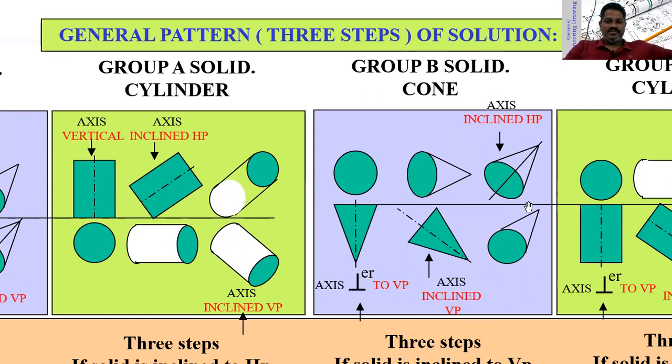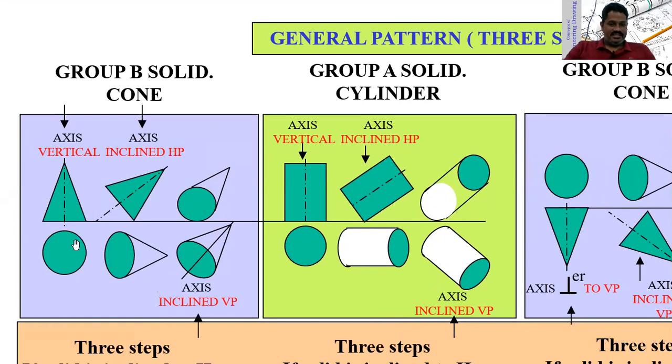When you see from the top, this plane looks like a straight line or a horizontal line like this. When you see from the top, such that the base of this cone is lying on VP, so that in front view we will get a circle, but in top view we will get a triangle, and vice versa in this case.